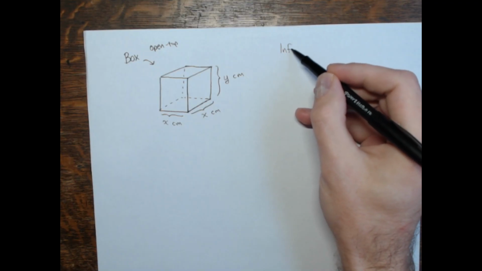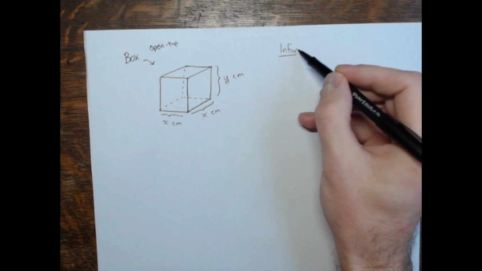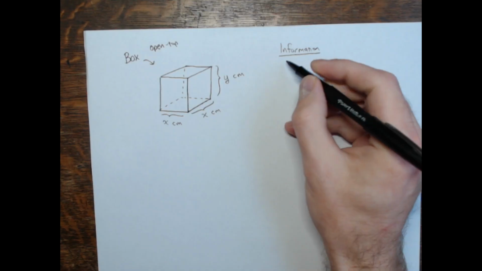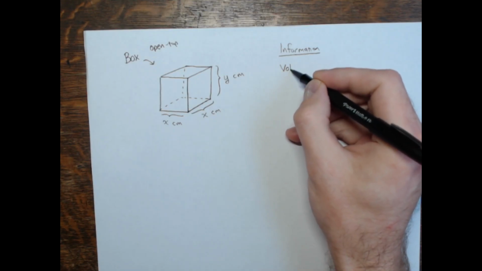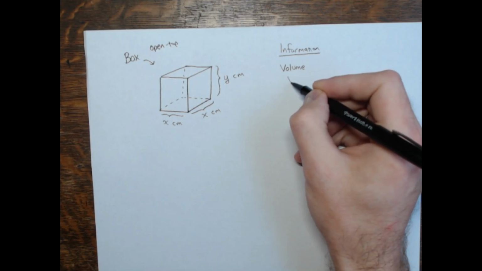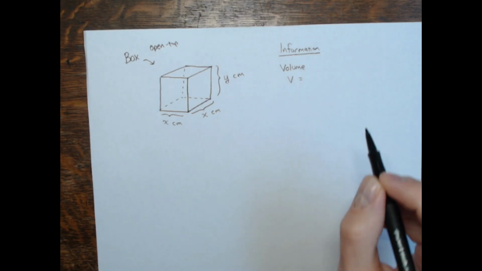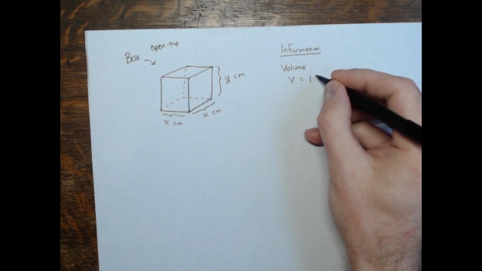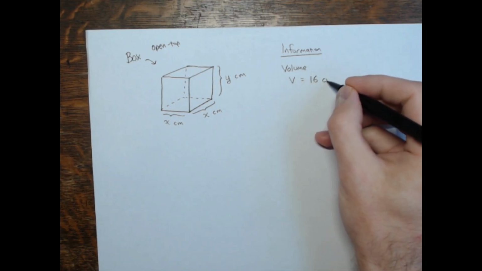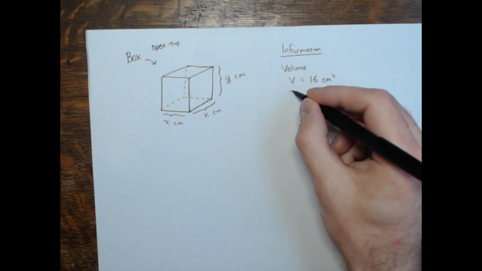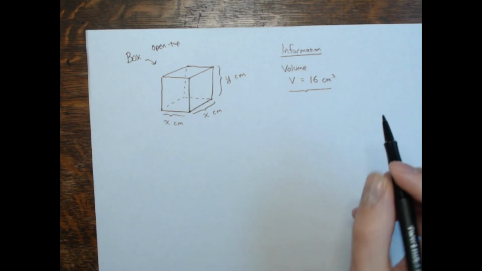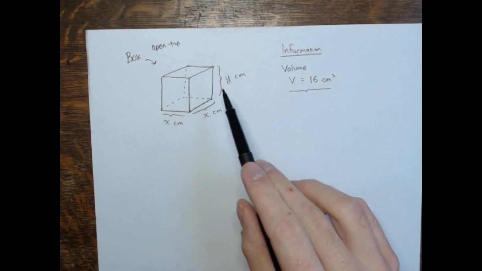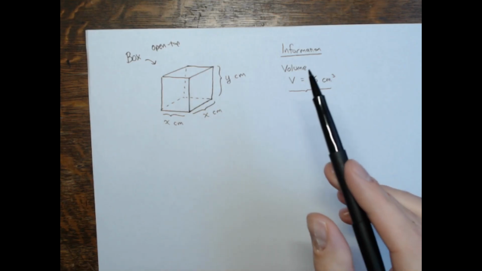And then the information given, or the restrictions, the conditions on the box here, is that the volume of this box, which I'll label with just V, has to be 16 cubic centimeters. Now, just like the last problem, I'm going to take the information I was given and relate it to these letters, the length and width and height of the box.